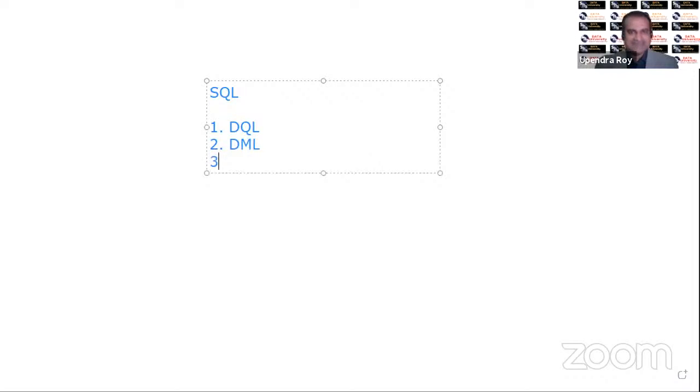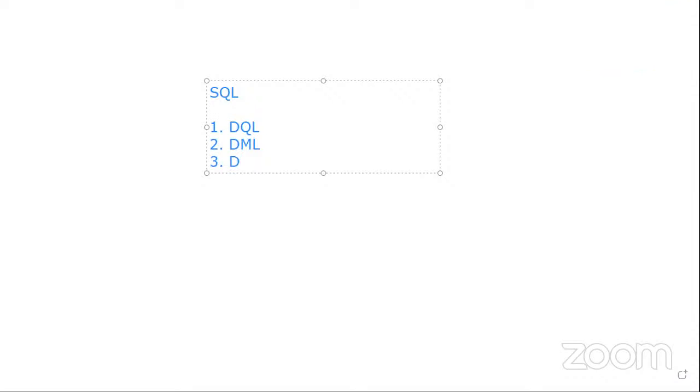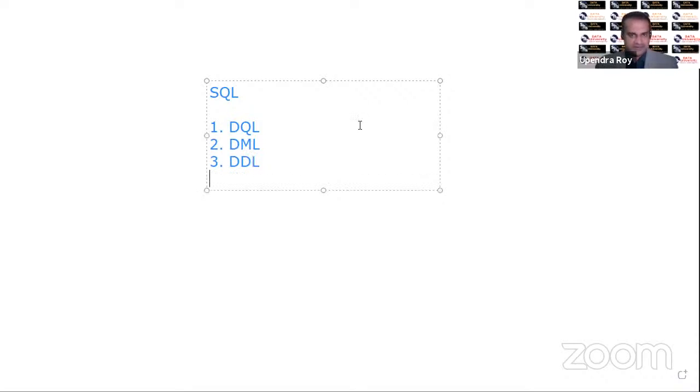Third one, at least these things you have heard, right? All of you, DDL, right? You have heard this thing. DCL, control. DTL, transaction. Okay, so these are the different categories of this.